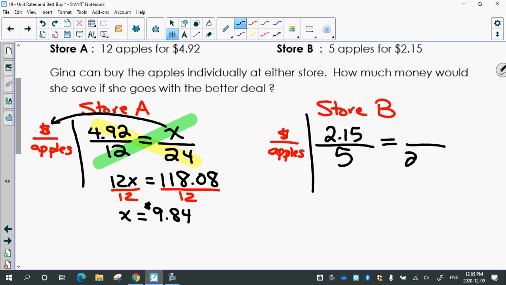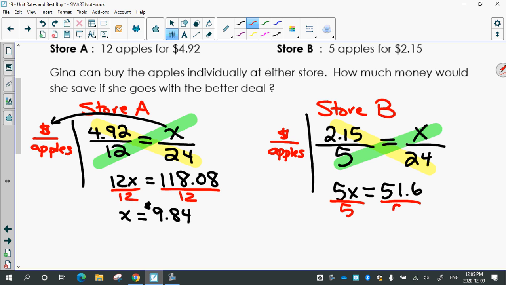We want to know how much 24 costs. Cross products can help us, so find your x and cross, so 5x equals 24 times 215. Divide by 5. $10.32.